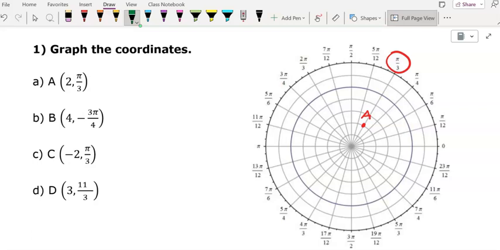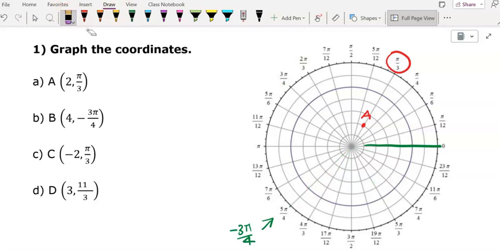So the same distance that we went to get to 3 pi over 4, we would go that same distance, except we're going to go the opposite way. So instead of going counterclockwise, I'm going to go that same distance right here to this 5 pi over 4, okay? So that's what I'm looking at. This is the same as negative 3 pi over 4. They're coterminal with each other.